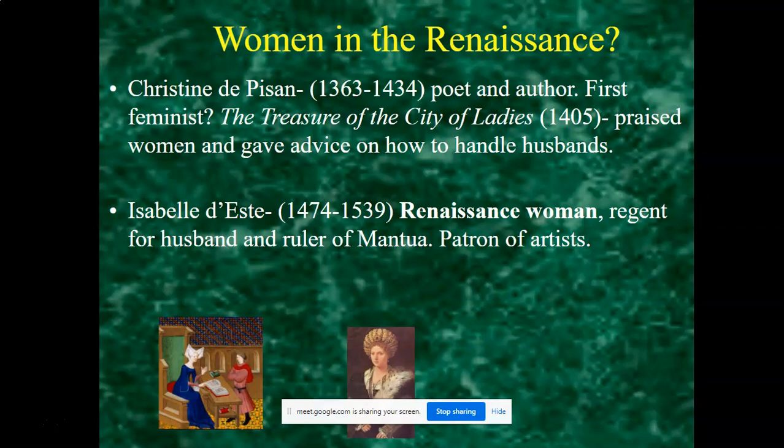But once again, it shows you that while this is the rebirth of individual man, there are some chances for individual women to make their mark as well. Isabel d'Este becomes a patron of artists. That's what famous, rich, powerful people do. They pay artists to create art about them, usually, or about their rule, and so on. Just like the Romans and the Greeks did.